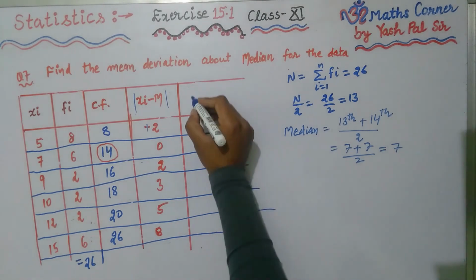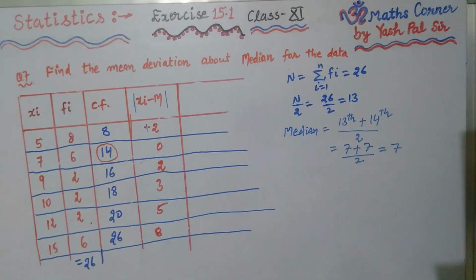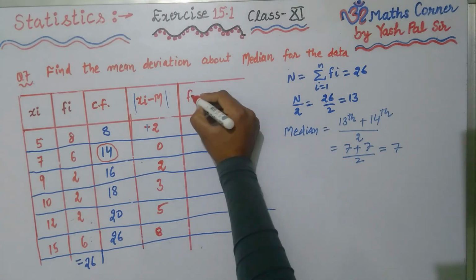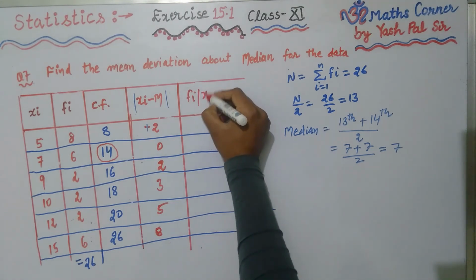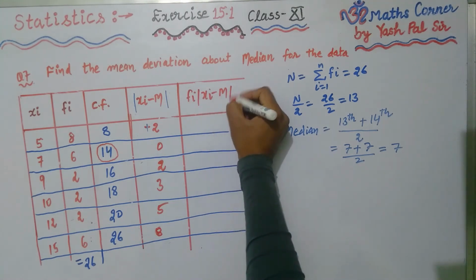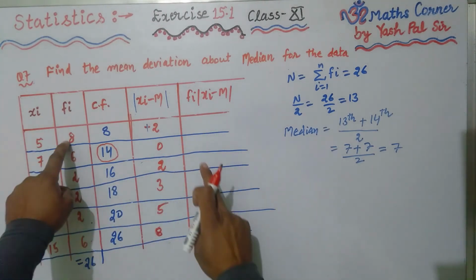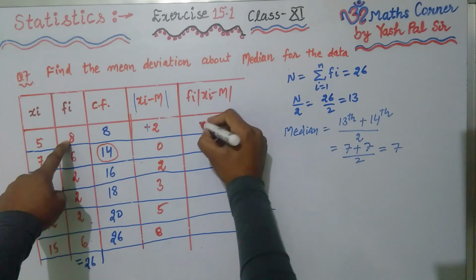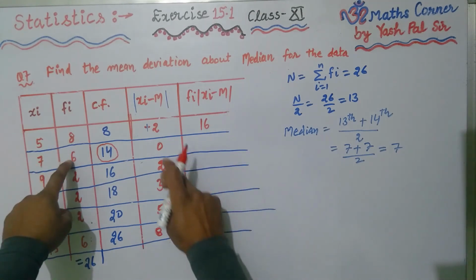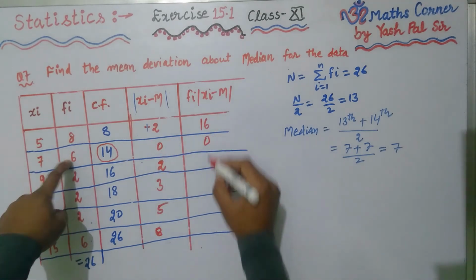Now we find fi into modulus of xi minus M. Okay, that is the product of fi with this: 8 into 2 is 16, 6 into 0 is 0.